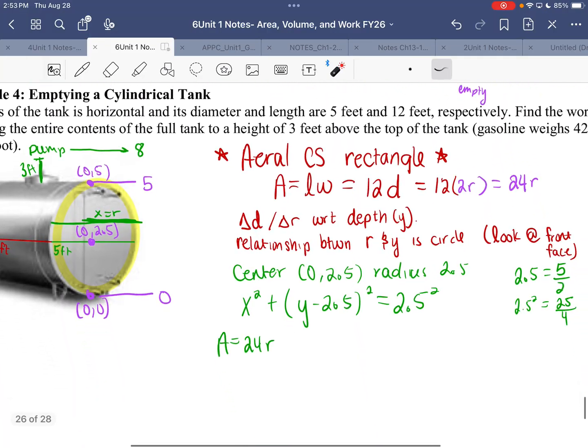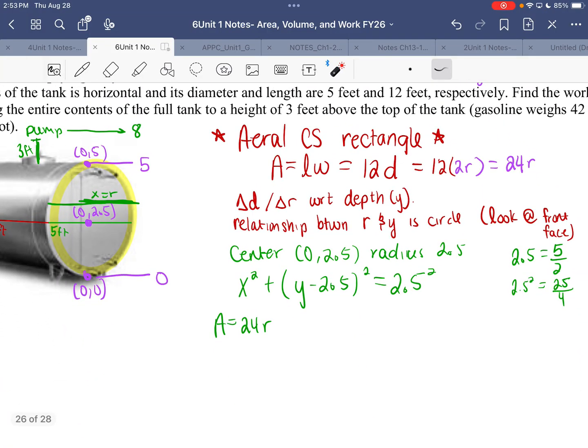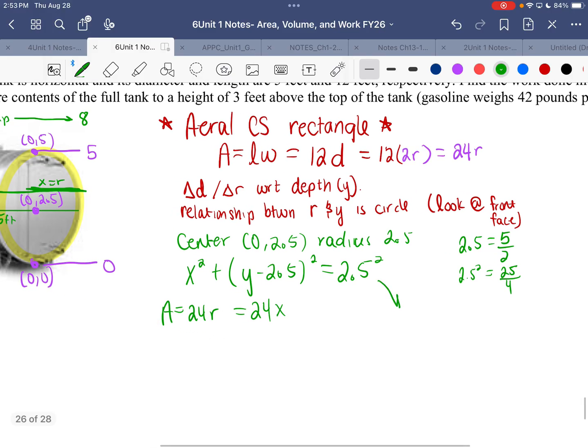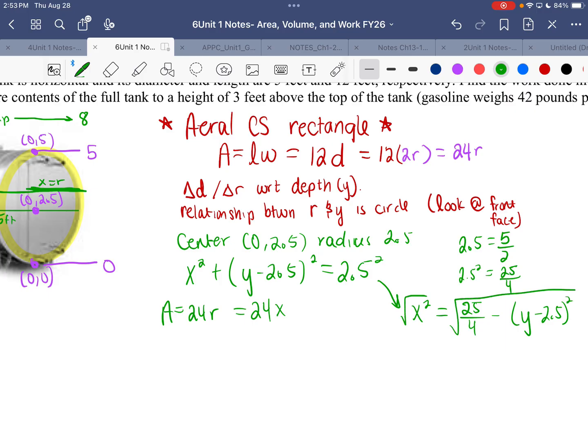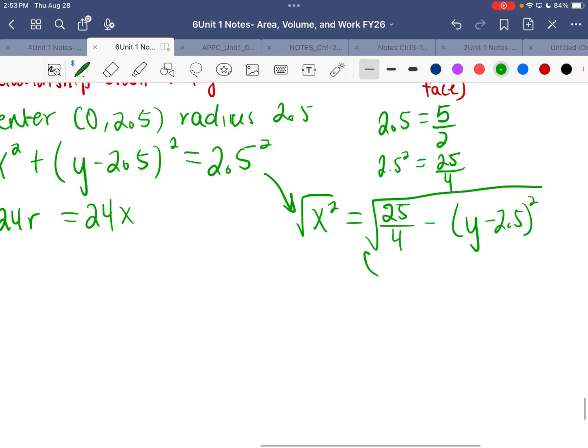Now we need 24r, and we're saying that x is equal to r. So we need to get x. Solving for x, I'm going to get x squared equals 25 over 4 minus y minus 2.5 squared. When I square root both sides, I have been doing plus and minus, but this is representing a radius, so it's always going to be positive.